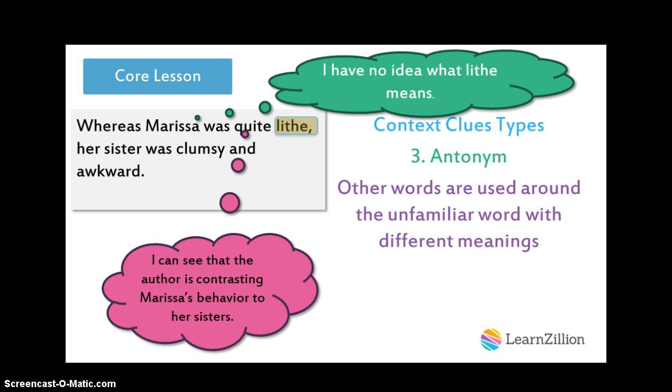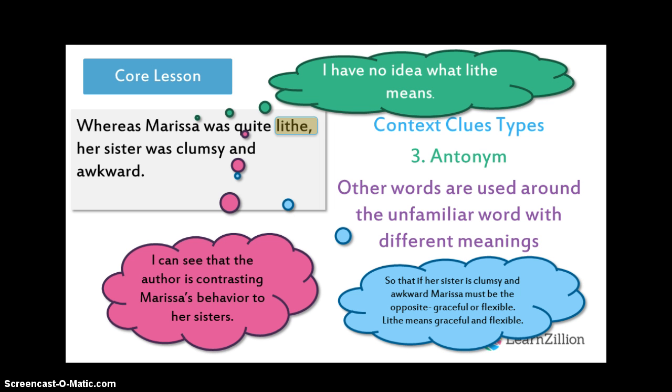I can see that the author is contrasting Marissa's behavior to that of her sister's. Marissa is quite lithe, and her sister is clumsy and awkward. So if her sister is clumsy and awkward, Marissa must be the opposite, graceful or flexible. So lithe means graceful and flexible.